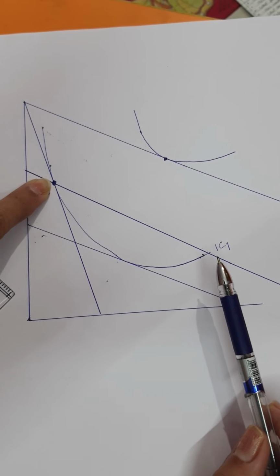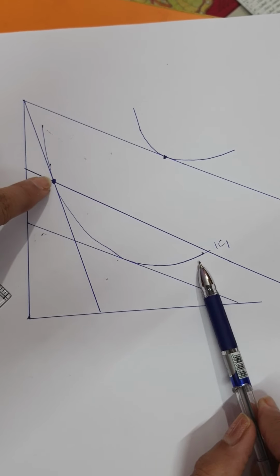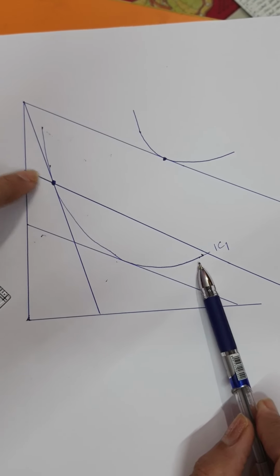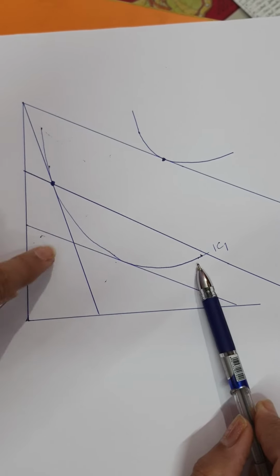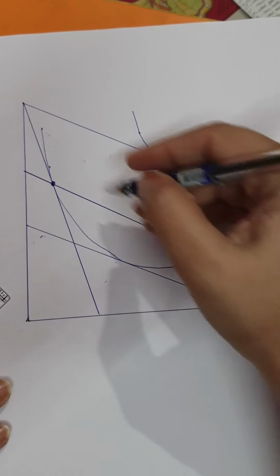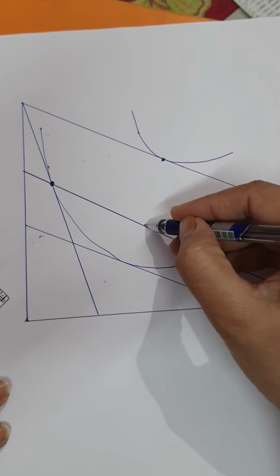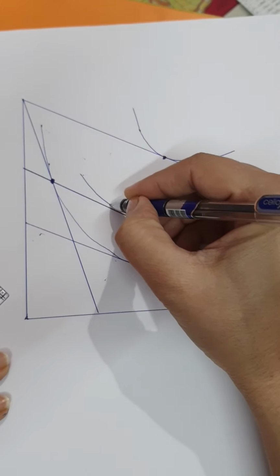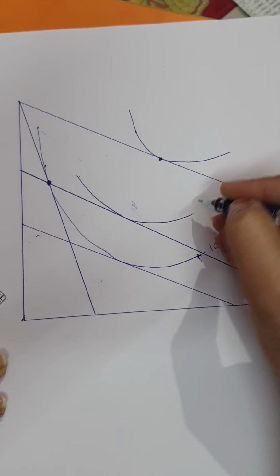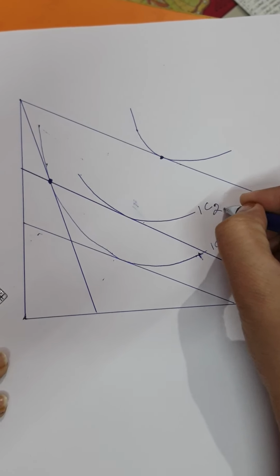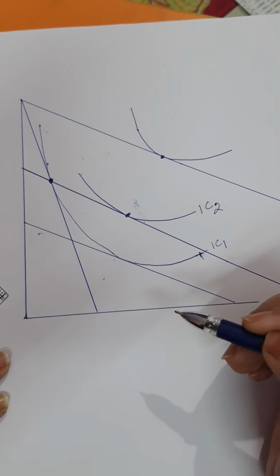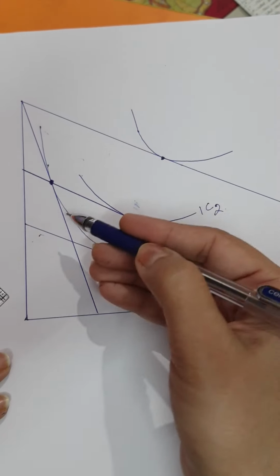Now he can decide whether he wants to stay on this same point or still he will substitute a costly commodity y with x. Okay, so if this is the new budget line, obviously the consumer will try to move to a higher indifference curve. This is, suppose, IC2. This will be a new equilibrium of the consumer after even compensation.